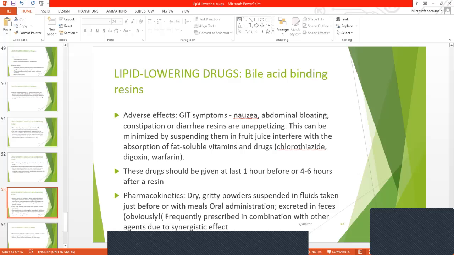Any other medicine should be given at least 1 hour before or at least 2 hours after the resin to ensure adequate absorption. Among these bile acid binding resins, colesevelam does not bind digoxin, warfarin, or reductase inhibitors.